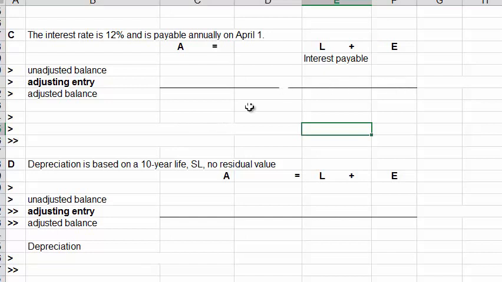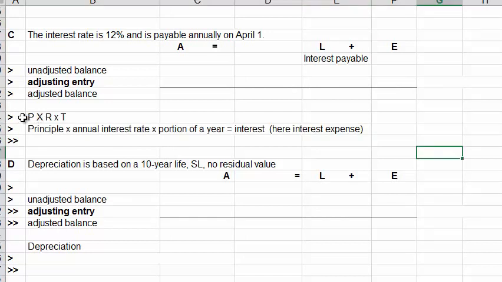How do we do the computation? This formula should look familiar to you. Principal times rate times time. You take the principal amount of the loan, in this case $10,000. If you multiply it times an annual interest rate, and I will always give you an annual interest rate, the principal times an annual interest rate would give you interest for an entire year.